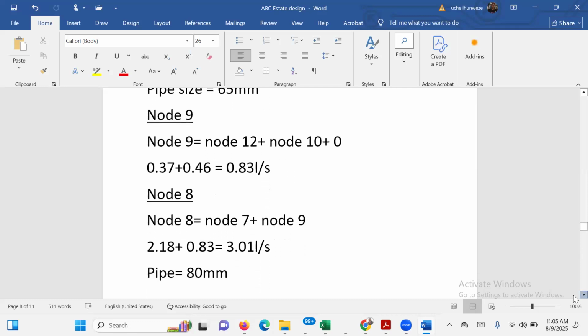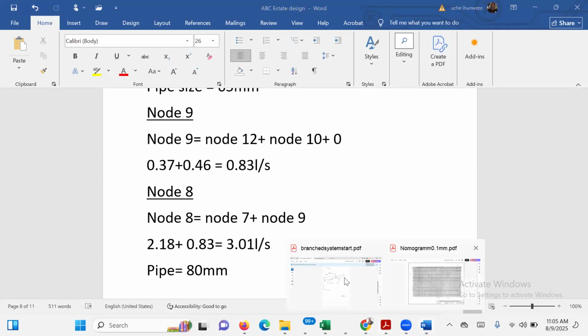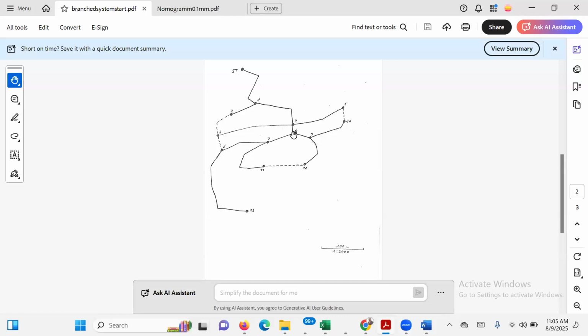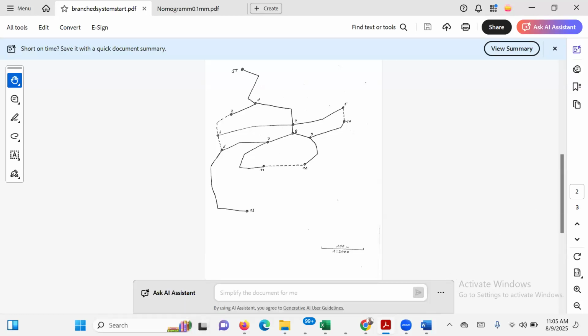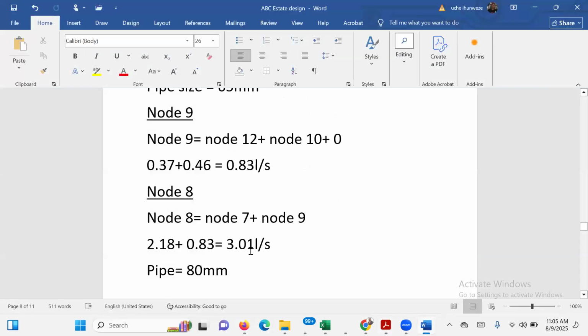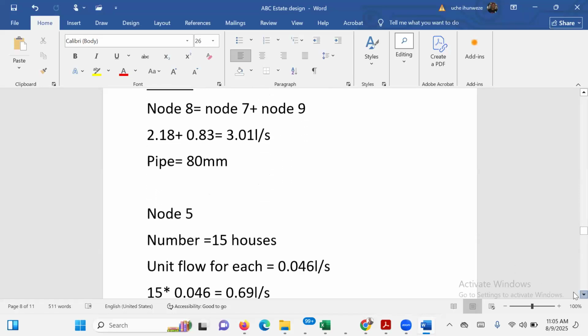Node 8 now will be the value of node 7 plus the value of node 9. Why is it so? Because those are the tributaries, sort of. So if I go here now, value of 7 and value of 9 will give me about 3. And luckily, 80 mm is still good, can still carry it from the chart.